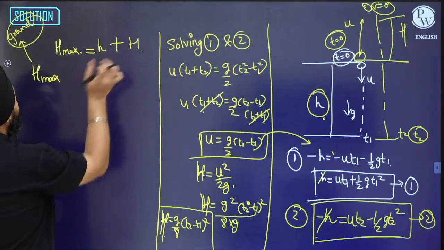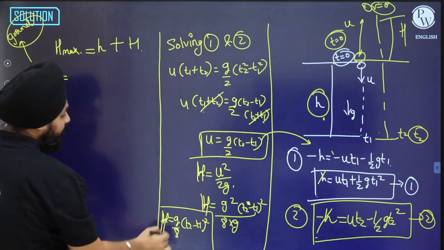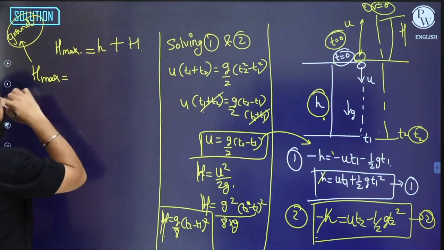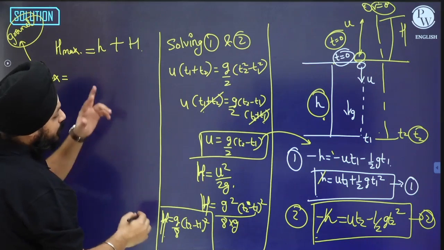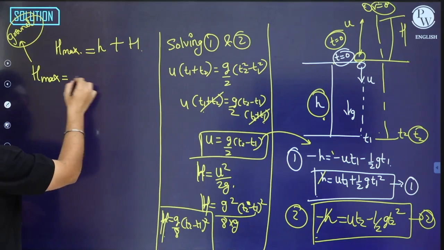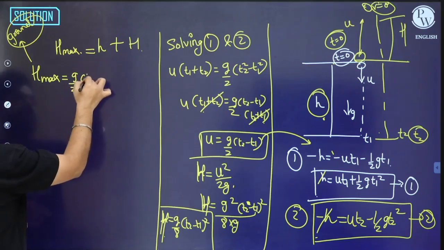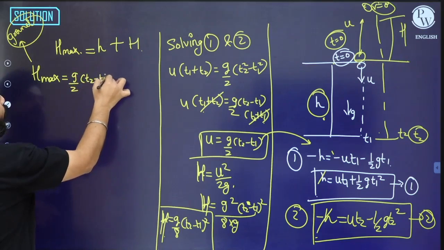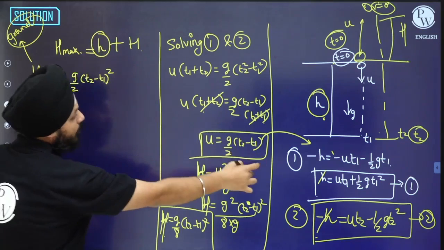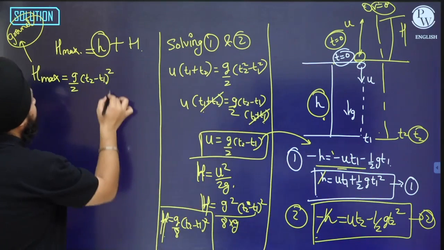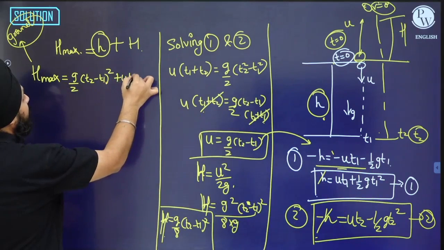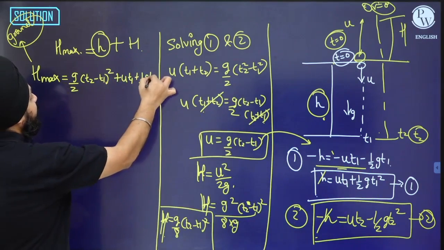So H max is equal to small h plus capital H. Now what is the value of this small h? We replace the value of small h from this equation: h equal to u t1 plus half g t1 square.